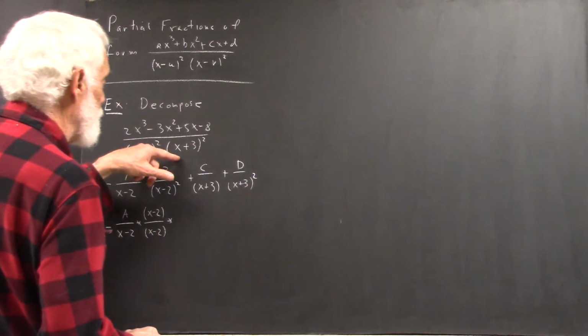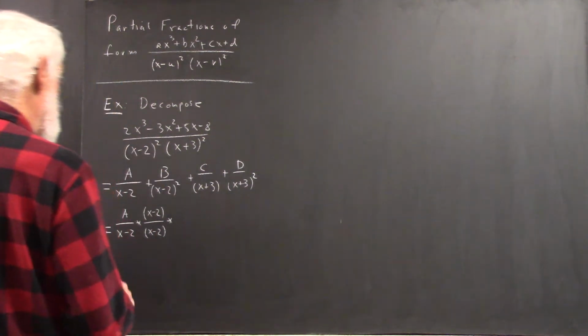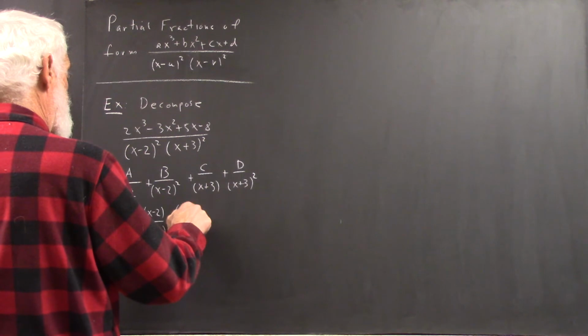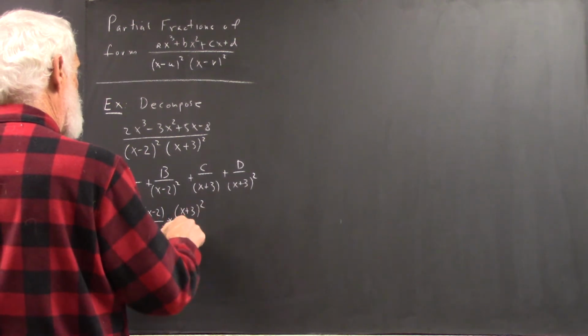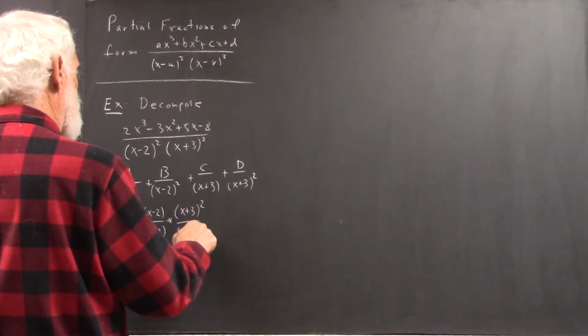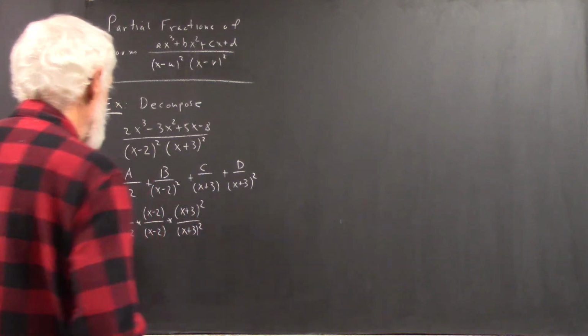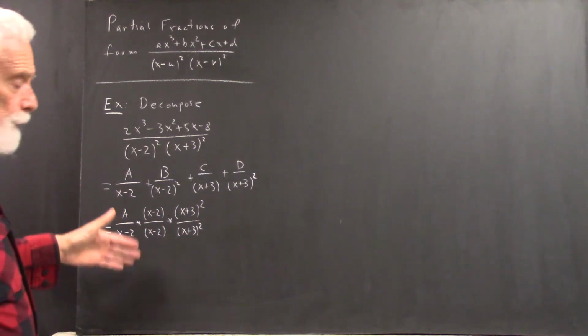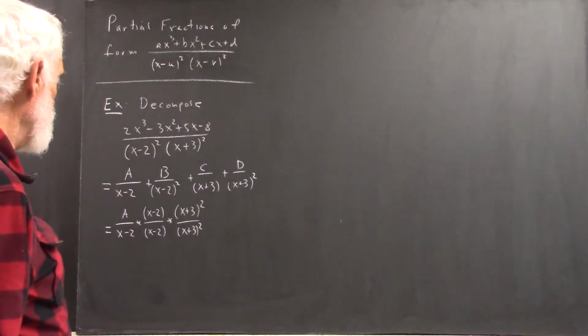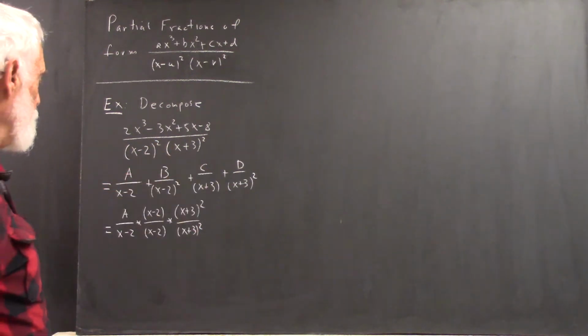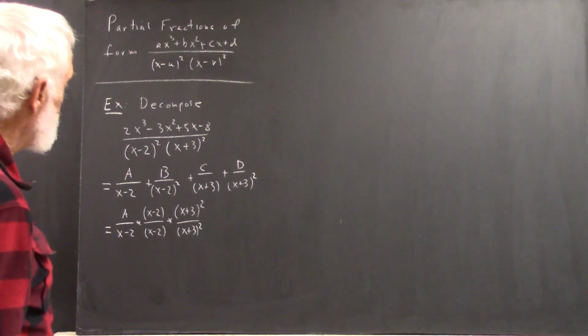Of course, we also need an x plus 3 squared. Now, there should be nothing difficult in this step. You might want to think about it before we go on and anticipate what we're going to need to do with the other terms. Okay?